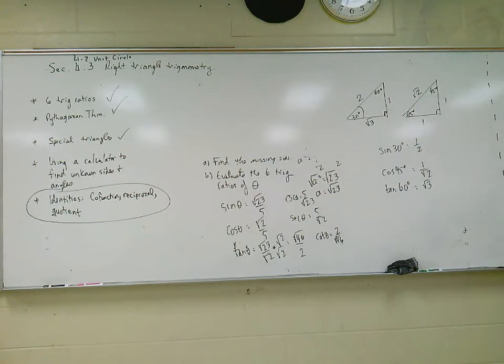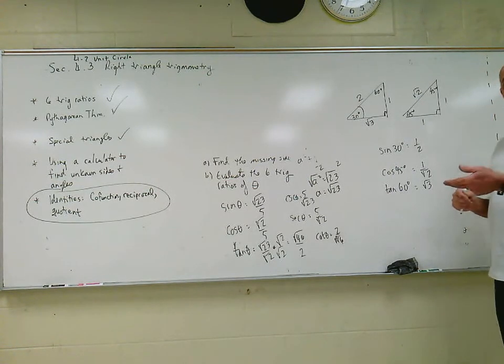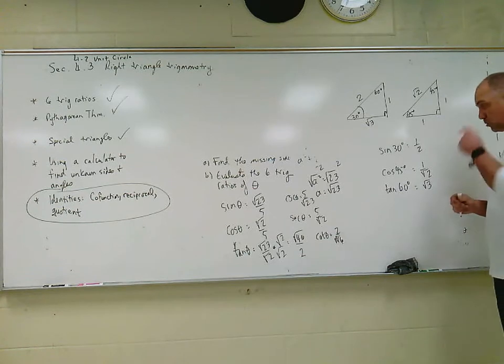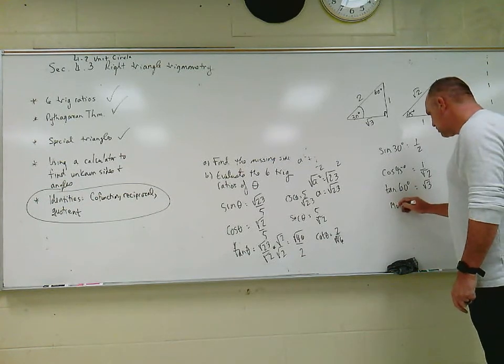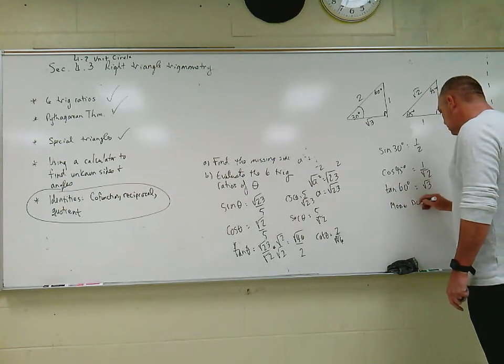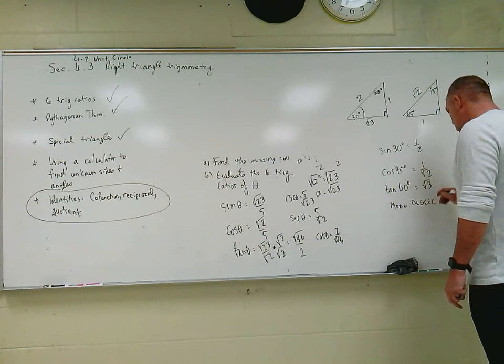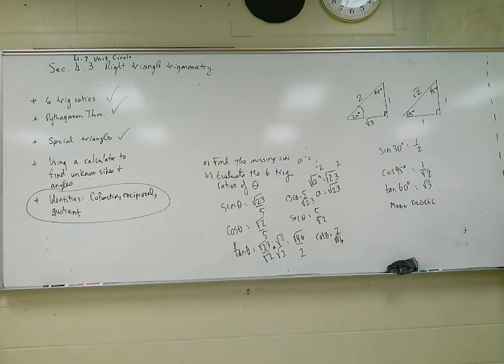Now let's talk about our calculators, right? So go ahead and grab your calculator out and then type these in and see if you get the same answer. Now go to mode and make sure that you're in degrees first, okay? You need to be in degree mode.